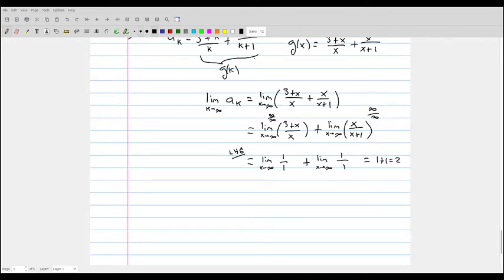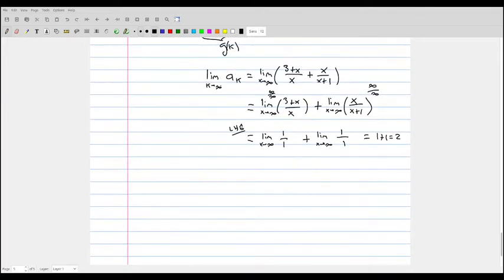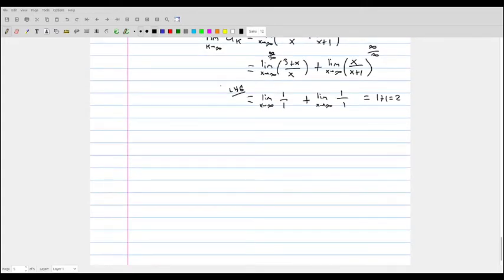So the limit of this sequence as k goes to infinity is also equal to 2, because a_k is directly determined by this function right here. It's doing the same thing as its argument gets larger and larger. This is one nice example of a relatively simple, explicitly defined sequence.